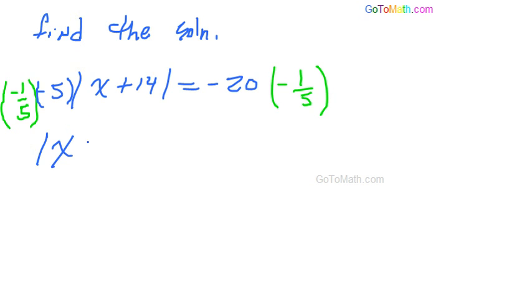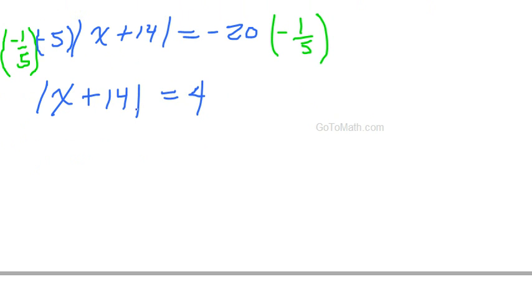So we can rewrite this as the absolute value of x plus 14 is equal to, let's simplify over here, negative 20 times negative 1/5. A negative times a negative is positive, and 20 times 1/5 is going to be 4. Alright, so we got it in the standard form that we wanted.